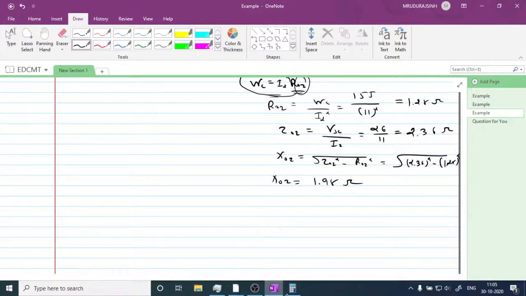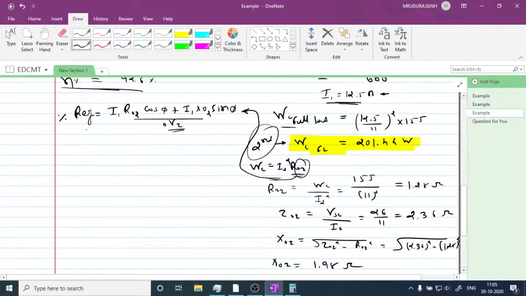Why have I not calculated it here? Because it will take a little more time and we are running out of time. So X02 is 1.98 ohm. All the quantities that we require are now known to us, so let's place the values.